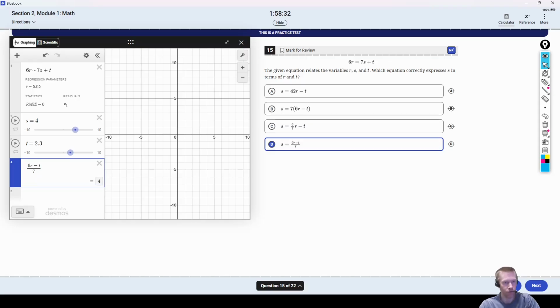And there it is. It's 4. That just confirms it's the correct answer. So again, these are all equal to s. I'm only typing the right side, and I'm seeing which of these right side expressions is equal to the value for s that, in this case, I had to define, but in most cases, it'll actually be determined for you in the problem.